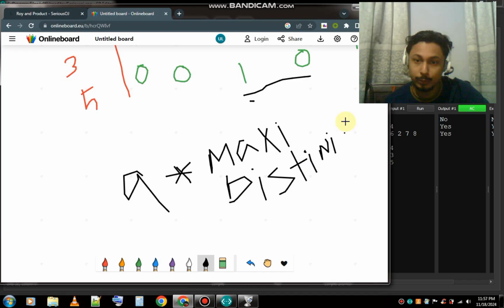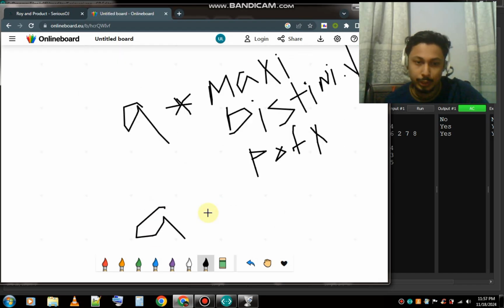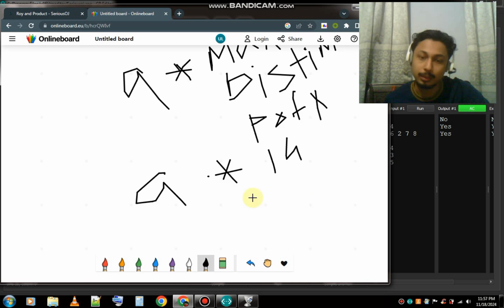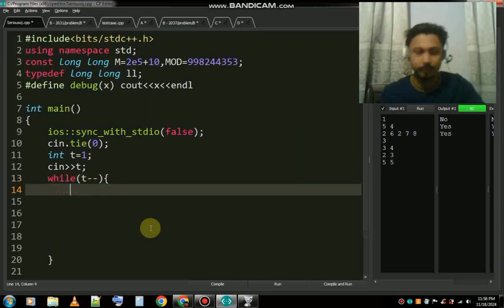We just calculate according to x, the maximum distinct prime factors of x. So q times, in the worst case, the maximum distinct prime factors of x, which will be 14, which is more efficient than the brute force approach. So let's jump into the code right here.